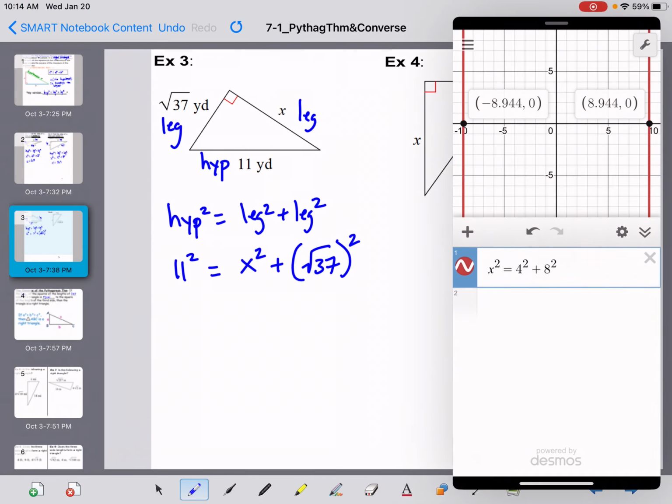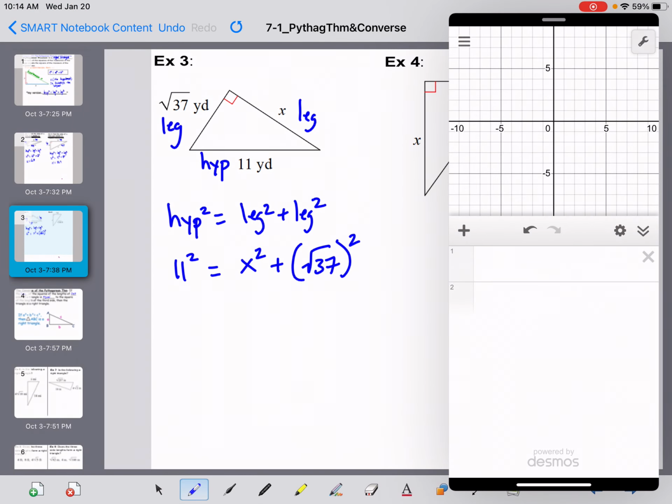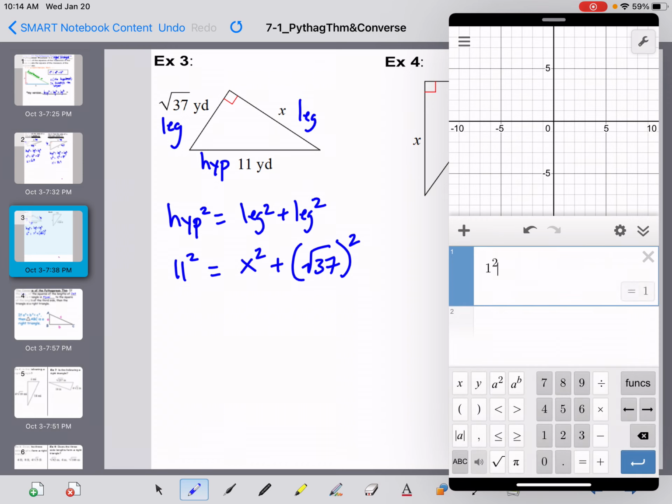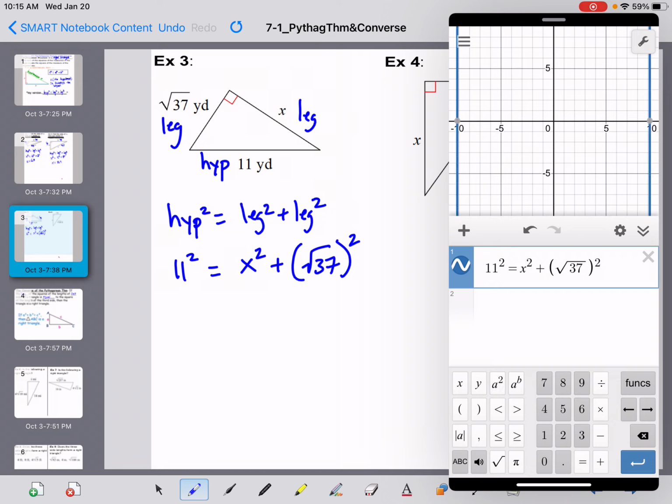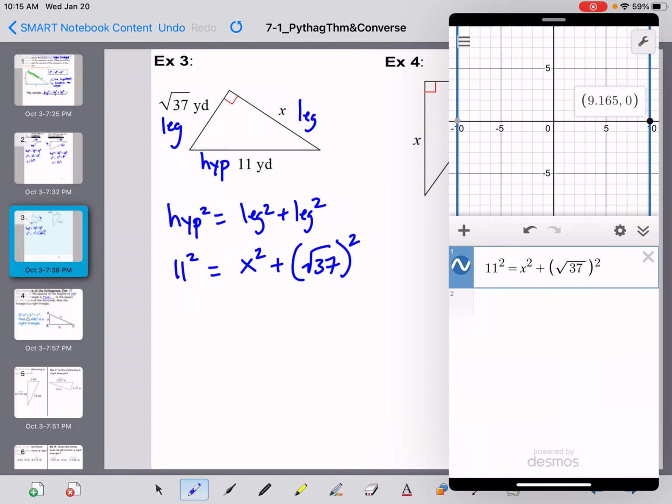I'm going to type this in. 11 squared equals x squared plus, now remember the parentheses, a negative and a positive, and then that is x equals 9.2.